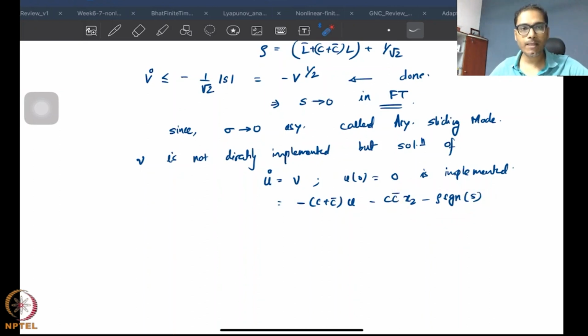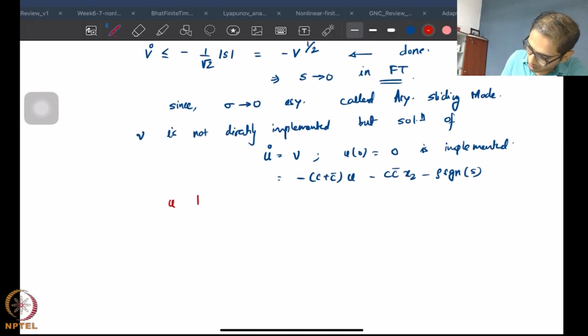And therefore you will have a much cleaner control, something you can verify by simulations. So u has the integral of a signum function, hence no high frequency chattering.